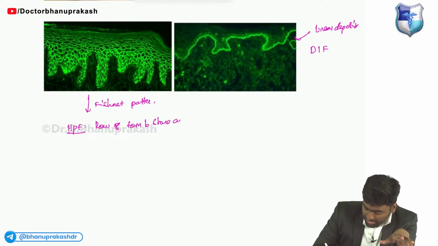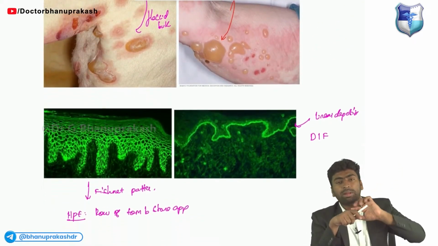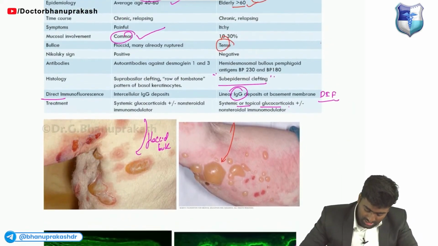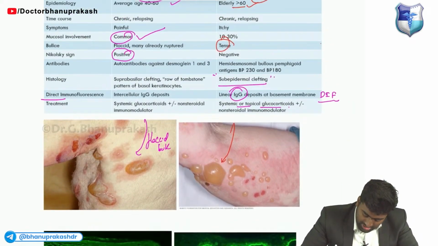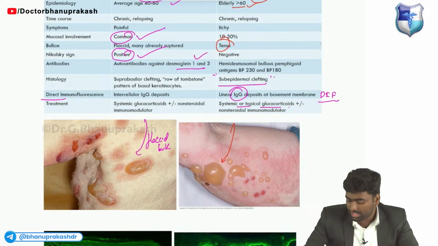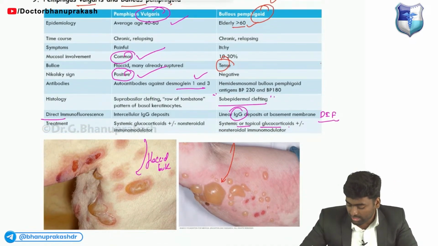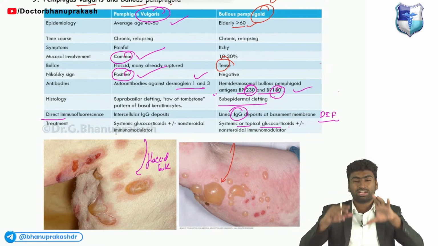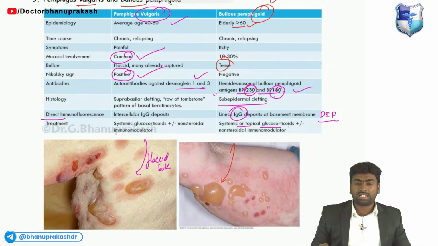Once you apply pressure over the bulla, it will break, and this sign, known as Nikolsky sign, will be positive. Here the antibodies are against desmoglein 1 and 3, whereas in Bullous pemphigoid it is due to antibodies against Bullous pemphigoid antigen 230 and 180. Here I told you it will produce a fishnet appearance.